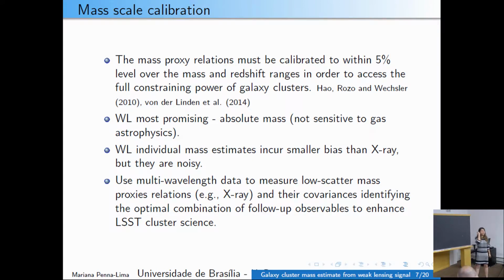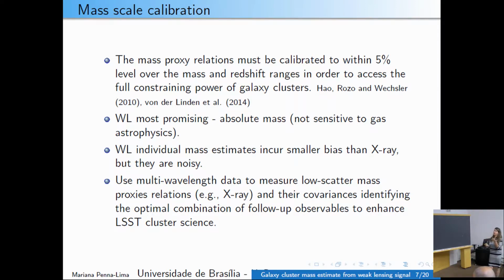So given your data, you have a mass proxy, some observable that you are going to relate with the cluster mass, okay? And you have to forecast.